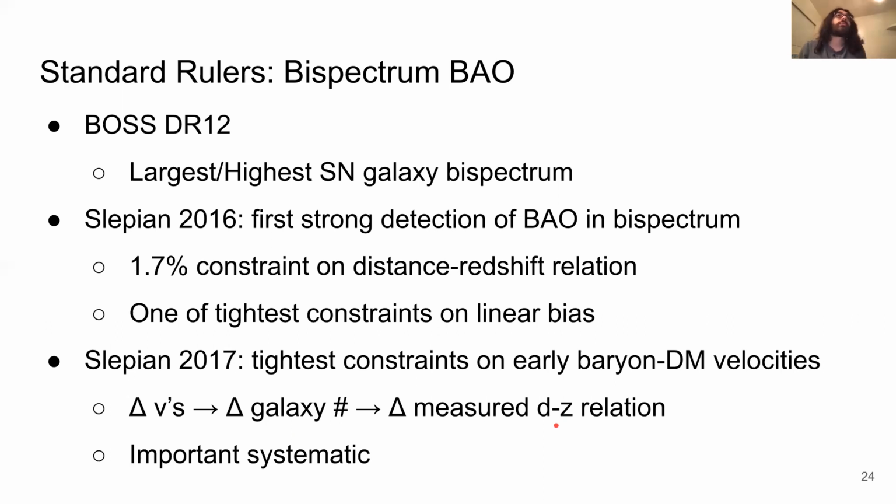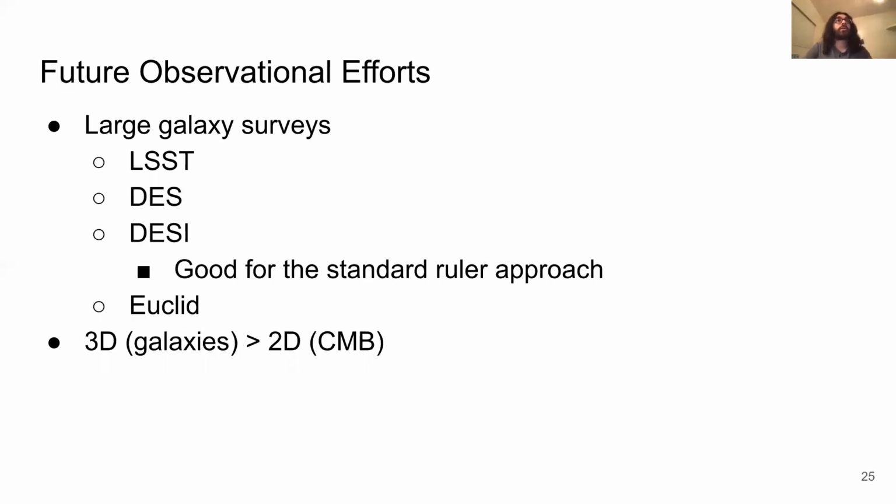So some future surveys that bispectrum analyses can take advantage of would be large galaxy surveys like LSST, DESI, and Euclid. DESI in particular is very good for the standard ruler approach because it's a spectroscopic survey, primarily. And so you can get these very good accurate redshifts, so it's good for constraining cosmic distances.